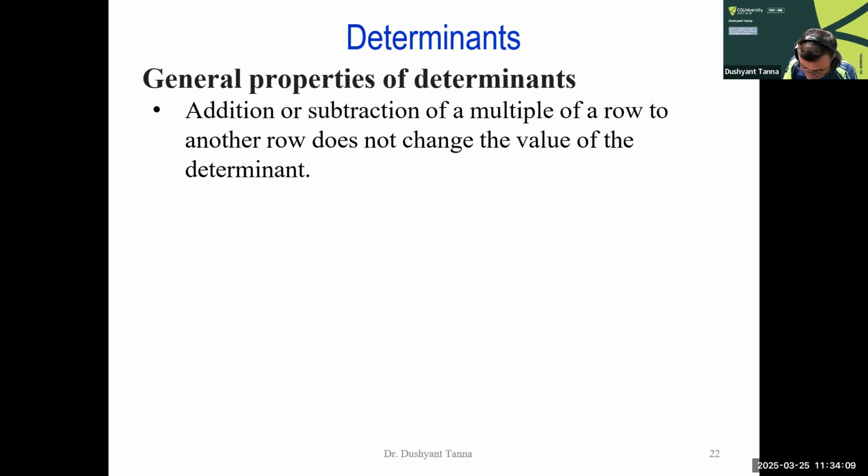Okay, so let's pick up the matrix D. Let's stick to the same determinant: 1, 2, 3, minus 1, 2, 6, and 7, 8, 9. You know its value is 6, right? What I'm doing in D dash, I'm changing my row 2 as previous row 2 plus 2R1.